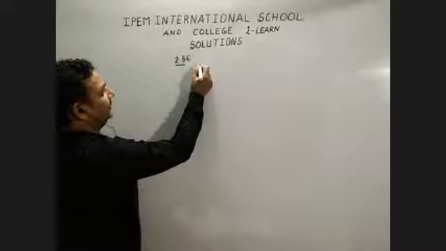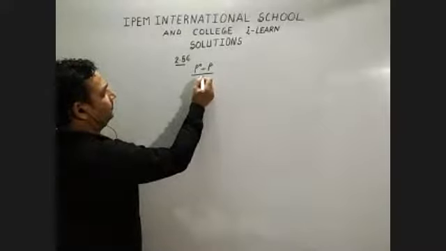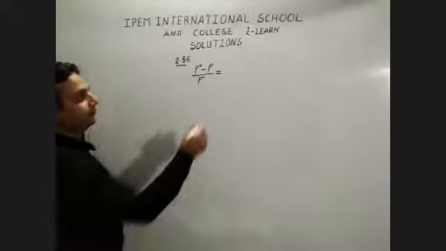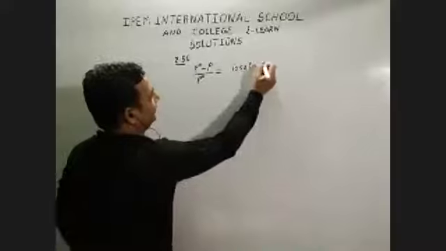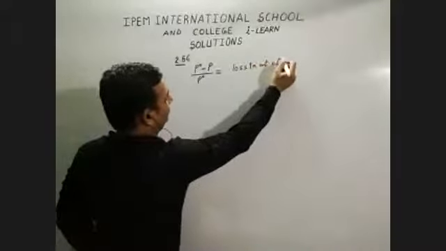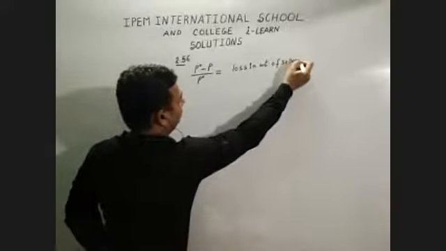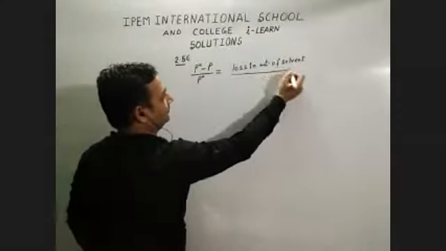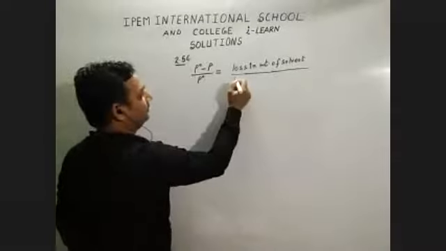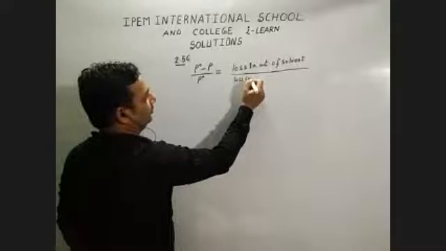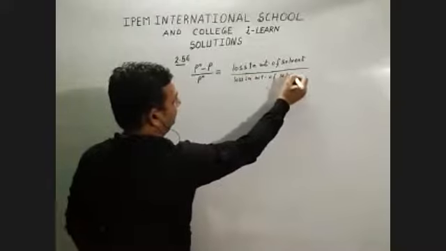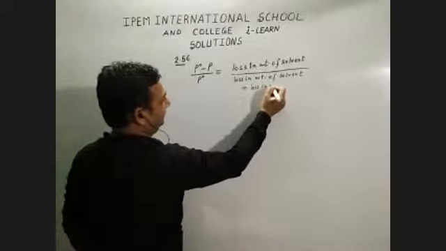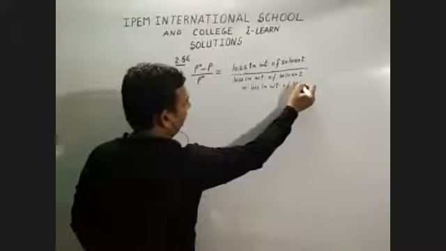That relationship is: P naught minus P upon P naught is equal to loss in weight of solvent upon loss in weight of solvent plus loss in weight of solution.